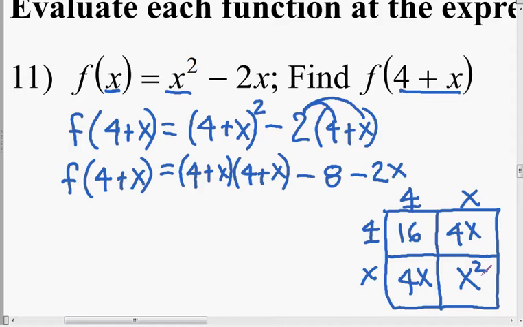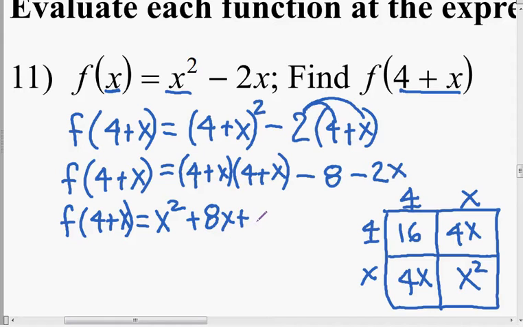The area of the rectangle is x times x, or x squared. So I will go back to my equation. And instead of 4 plus x times 4 plus x, I will write x squared. And I could write plus 4x plus 4x. I'm going to do that in my head and say plus 8x plus 16.